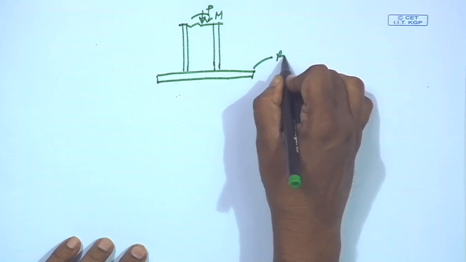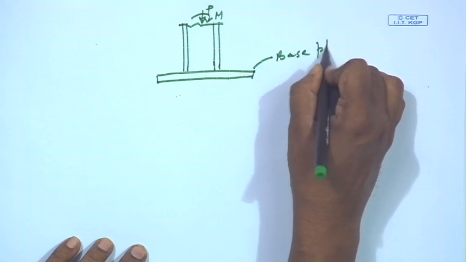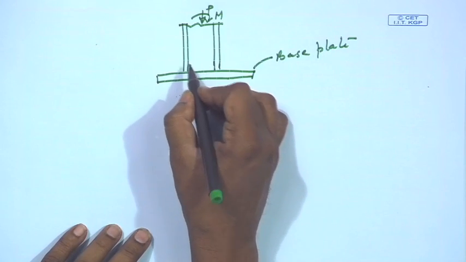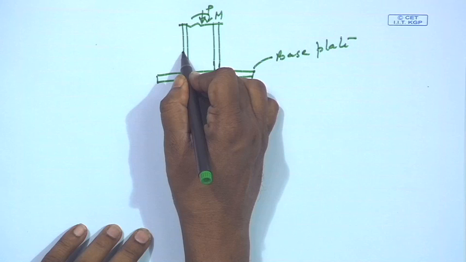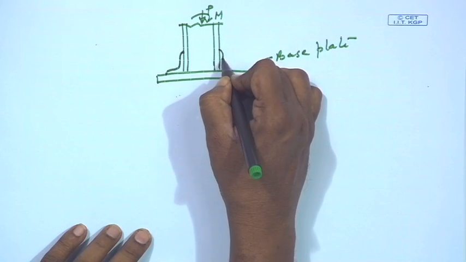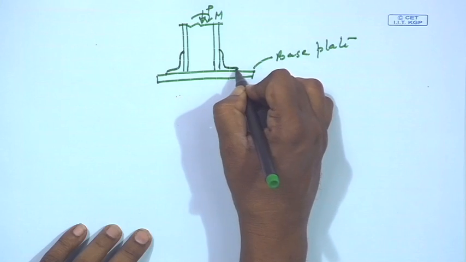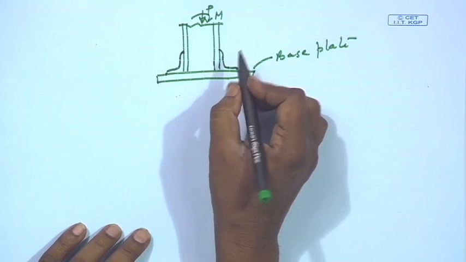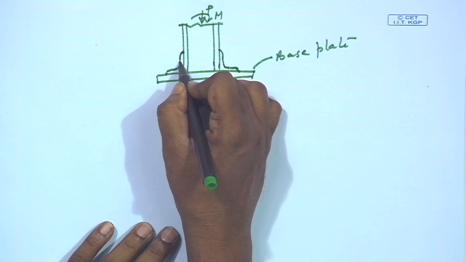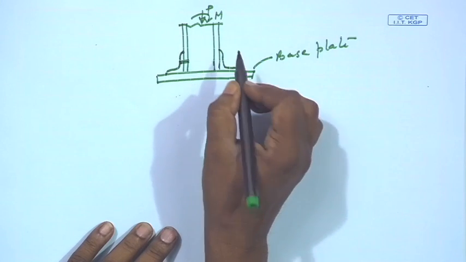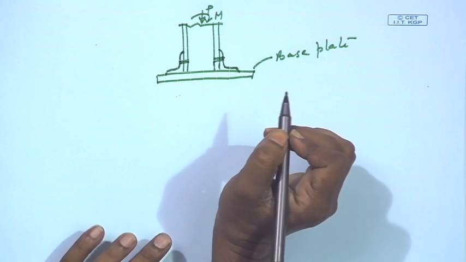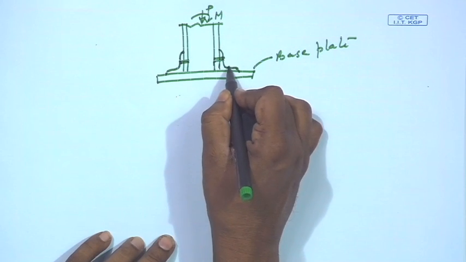So, this is called base plate, and this base plate is connected with the column with cleat angle. Okay. So, if it is concentrically loaded, then the minimum number of cleat angles and minimum number of bolts are provided to connect the cleat angle with the column, otherwise we have to design, and here we provide anchor bolts.